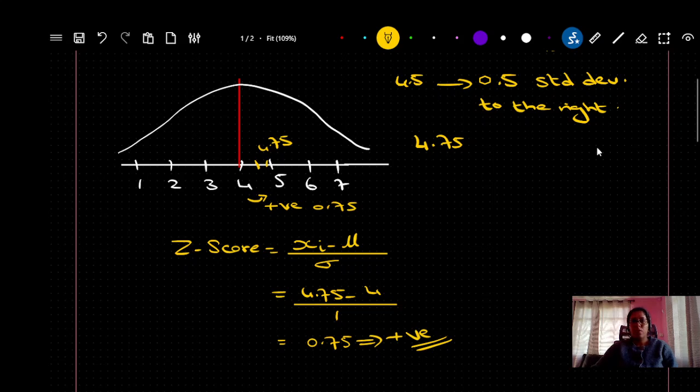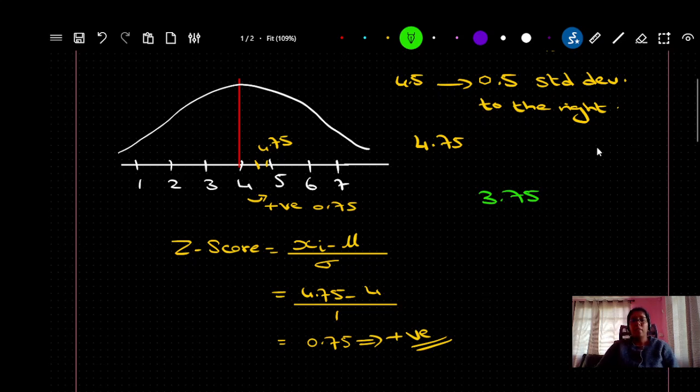Now let's say we want to see where does 3.75 fall on the graph. Where does it fall on the graph? Similarly, you will apply this formula to see where does 3.75 fall on the graph in terms of standard deviation.